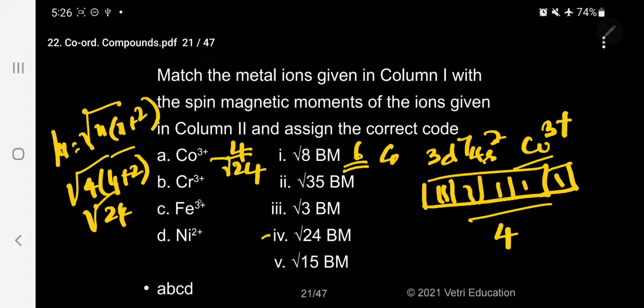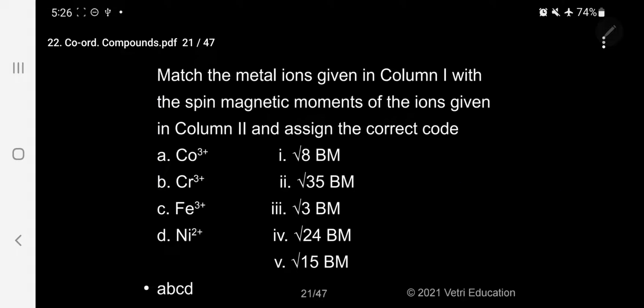In the same way, we have to go to chromium. Co3 plus is 4, the root 24. Because I have no space, I am removing it. Now I will come to chromium 3 plus. Chromium's original electronic configuration is 3d5 4s1. What is the oxidation state? 3 plus.